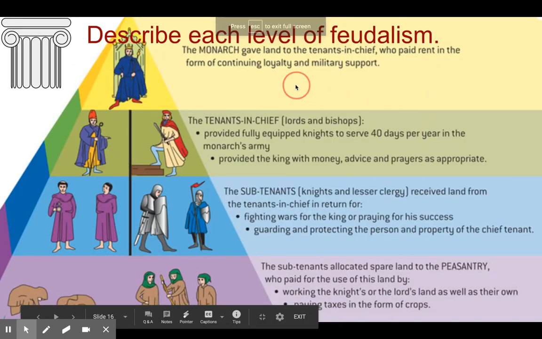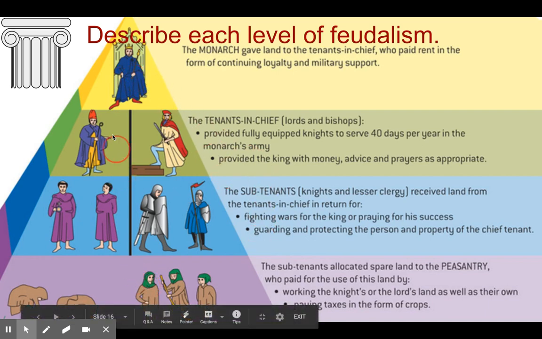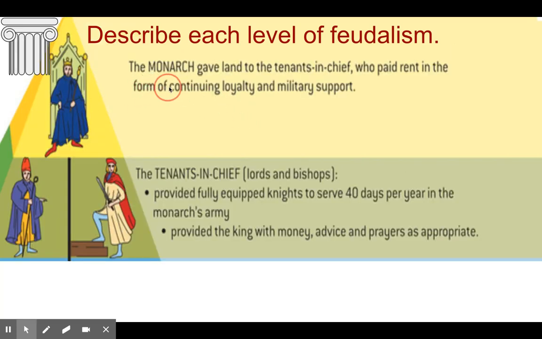All right, so we have to describe each level in feudalism. So here's kind of a pyramid. I'll get into more detail here, so I'll zoom in. Let's start with the monarch or the king. So again, they give land to people because the king lives in a palace. They can't go everywhere, and so they divide up the land. And the people that live on the land are the lords, and they pay rent in the form of loyalty and military support.